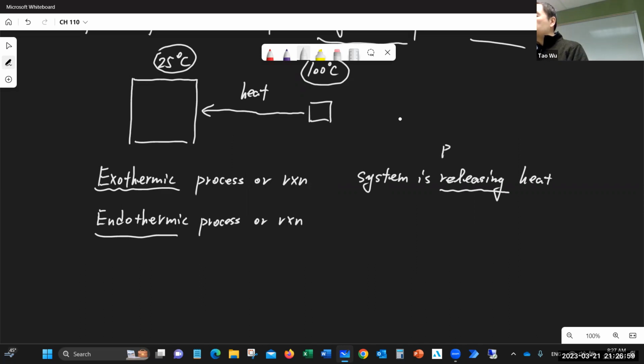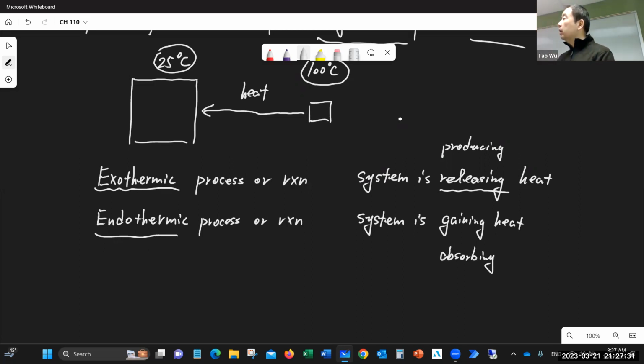Releasing you can also write as producing or leaving. But endothermic means the system is gaining heat or absorbing heat.